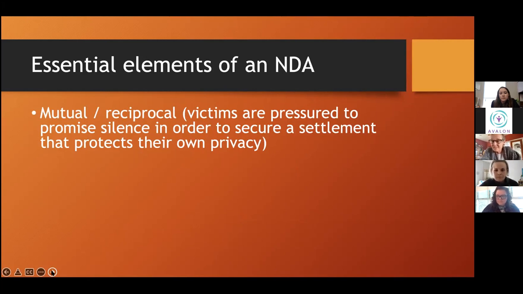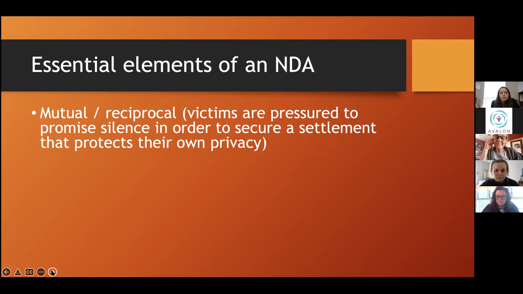Well, they don't want NDAs. What victims want is their own confidentiality, one-sided confidentiality. But this supposed bargain they're making in an NDA means they can only get their confidentiality if they give it to the other side as well, which of course creates an enormous problem because it's covering up wrongdoing.